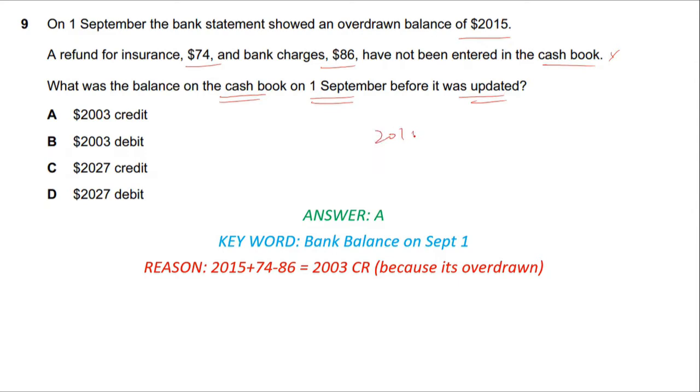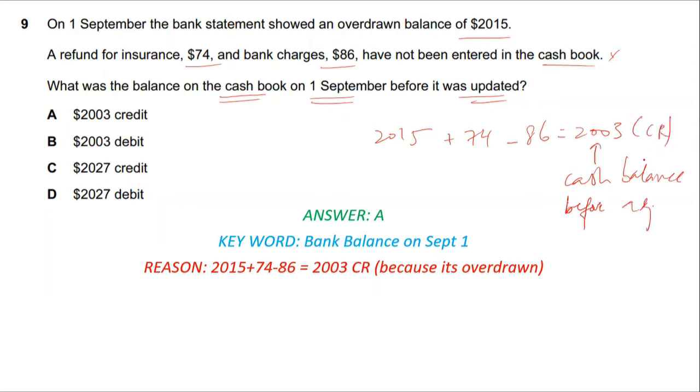So 2015, we received this refund of 74 minus the bank charges 86, and 2003 would be the cash balance before adjustments, and this would again be on the credit side because 2015 is overdrawn. So the correct answer is option A, 2003 credit balance.